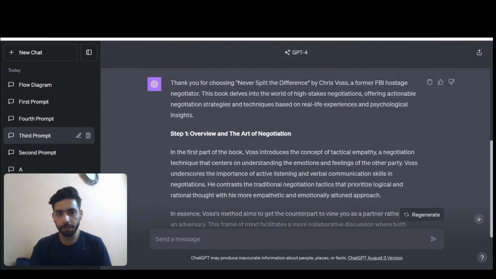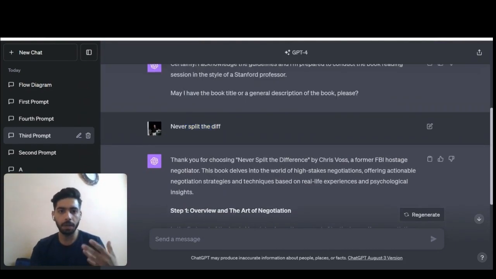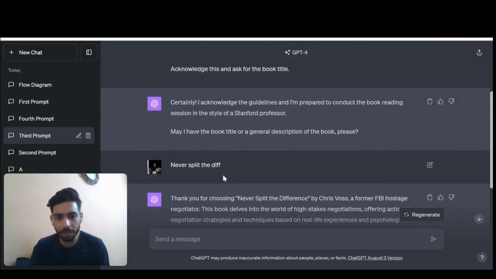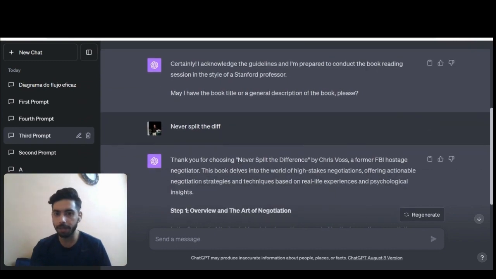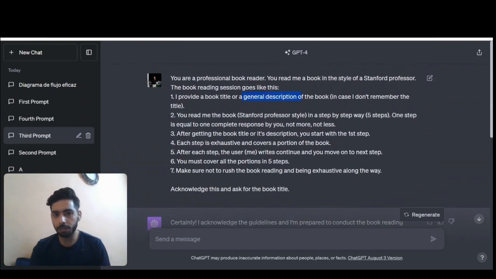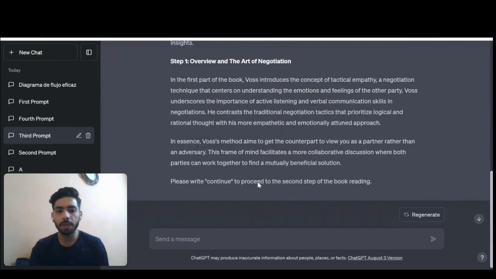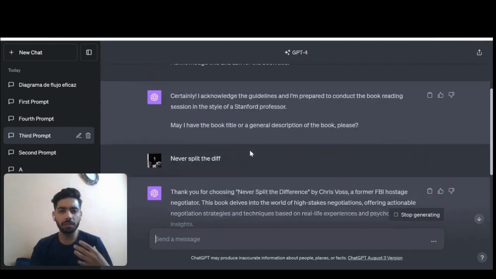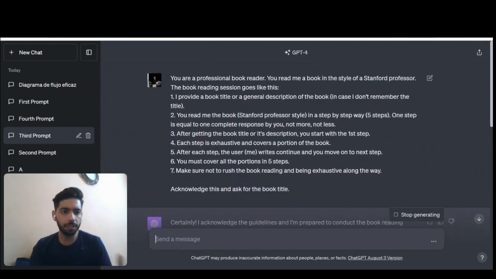So I provided the book name again, and this time I did not provide the complete book name. I just said Never Split the Diff, and it understood that I am talking about the Never Split the Difference book. This is because I said I'll provide a general description of the book in case I don't remember the title. So it gave me this output. Now I can write continue and it will continue. But still, I am not satisfied with this prompt.